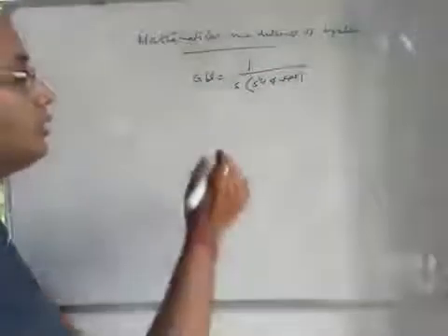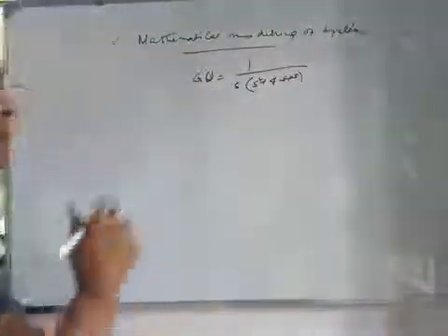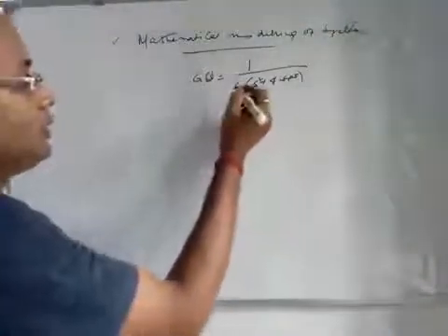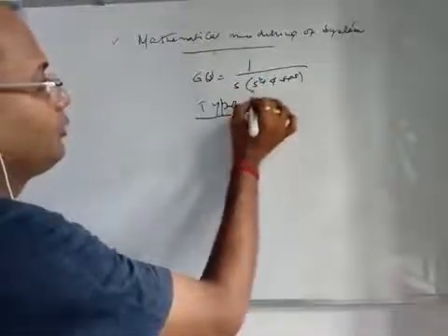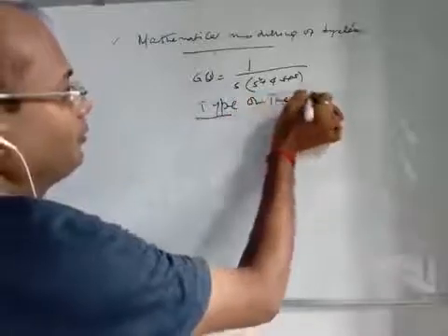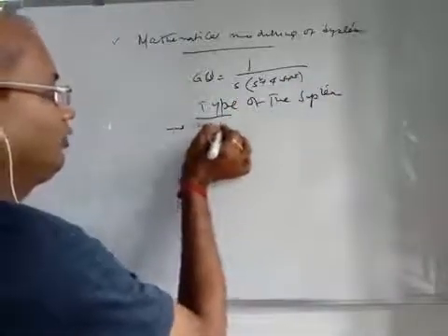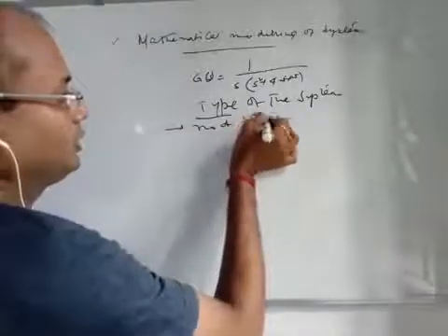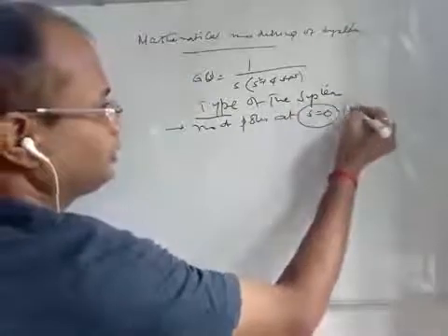First of all, what is the type of the system? Let's see. In order to get the type of the system, type means the number of poles at s is equal to 0, or the origin.